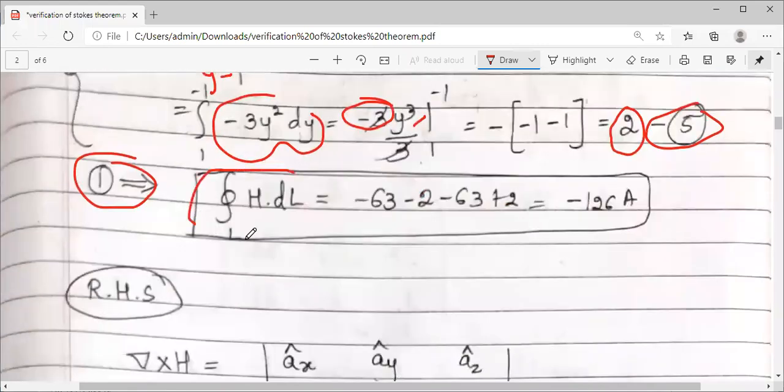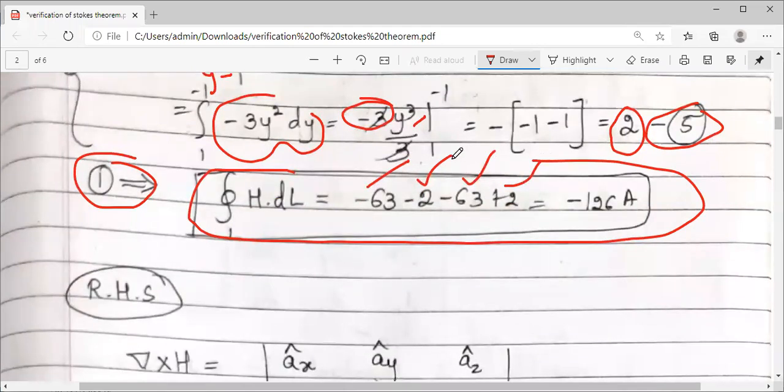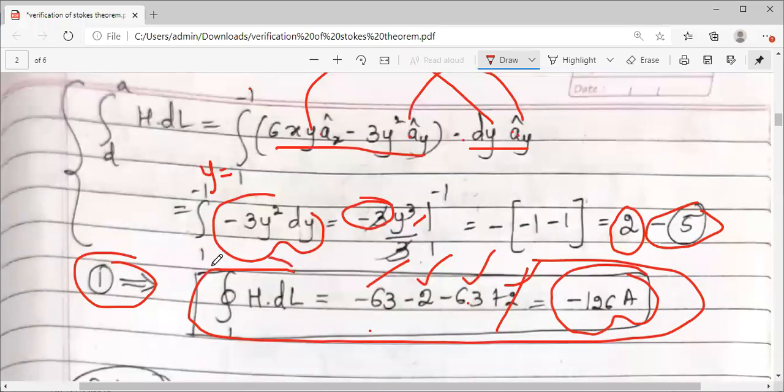So I have added here, you can see first value -63, second value -2, third value -63, fourth value +2. So these two cancel. -63 and -63, we have got -126. I said the line integral of H dot dL is Ampere's law. According to that, it is equal to current I. So I have written the unit amperes.